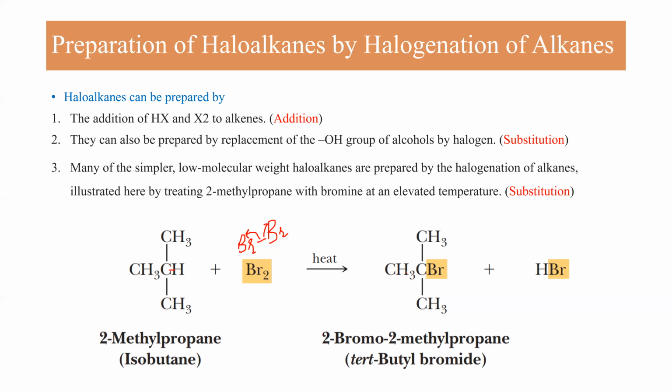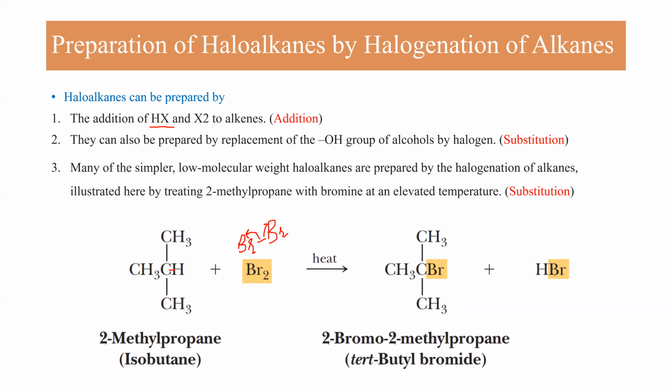If it is bonded with the 2, then that will be called the secondary, right? So this is the tertiary butyl bromide, and butyl is for the 4 carbons again, and the byproduct, the second product here, is the HBr, which is the halogen acid, as was mentioned here. So HX is basically the halogen acid, HBr.